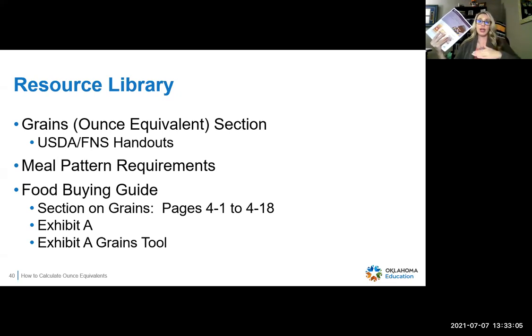Under training, it's going to show all the slides and the handouts, but then there's more handouts, or if you want them individually, they're under meal pattern requirements. The food buying guide is located out there as well. Exhibit A is in the food buying guide, which is the grains chart, but you can also get it separately, and it's front and back, two pages.